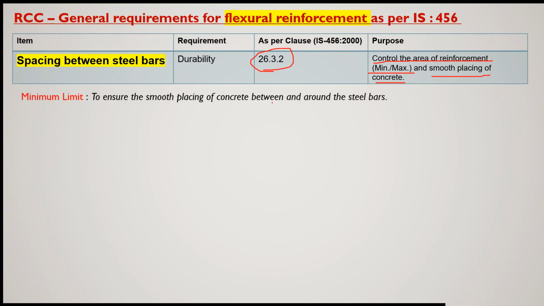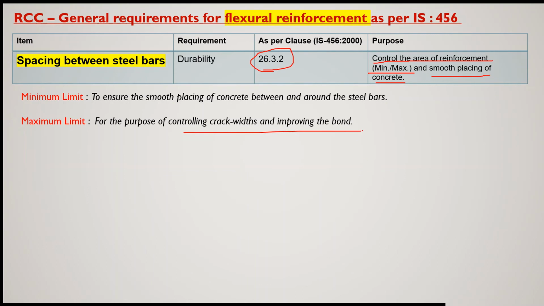Now a minimum limit between the reinforcing bars is specified. The purpose is very clear: to ensure the smooth placing of concrete between and around the steel bars. Then a maximum limit is also specified for the purpose of controlling crack width and improving the bond. Later on you will understand that if you use higher spacing, then cracks may develop.